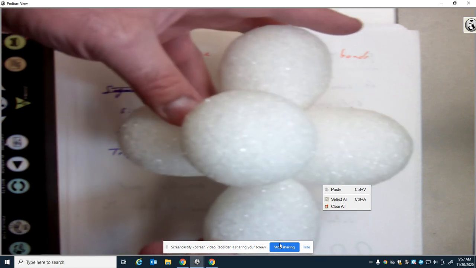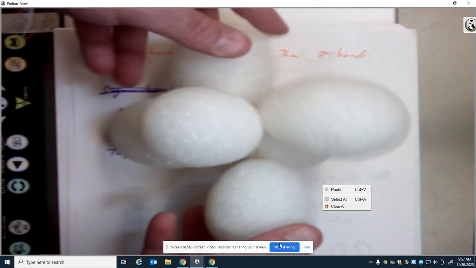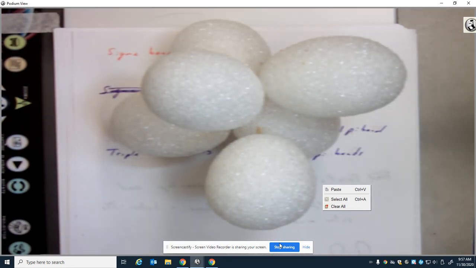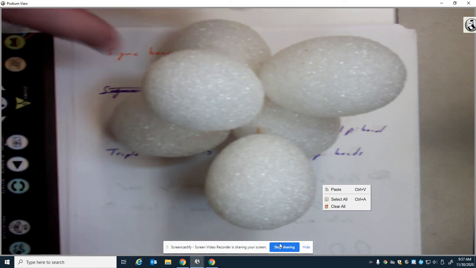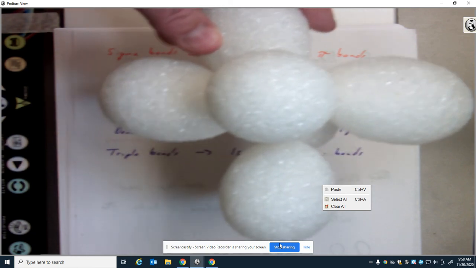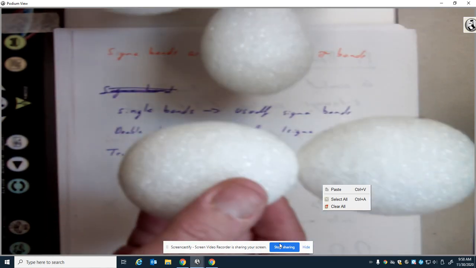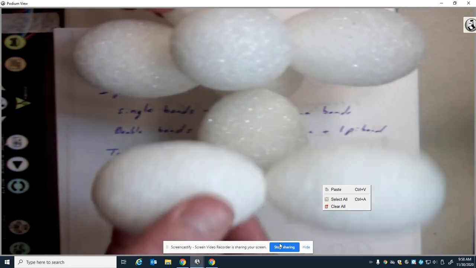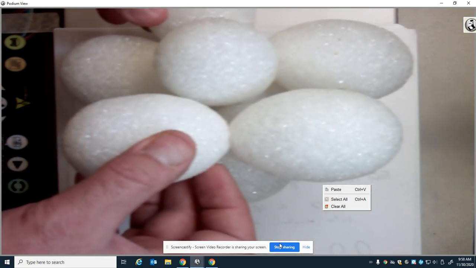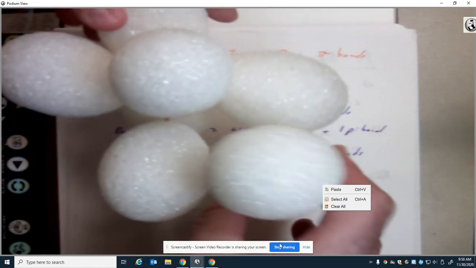All right, now, in a triple bond, 2 of the p orbitals overlap with another one. So you got to think about it this way. Remember, for a pi bond to form, we have to have p orbitals that overlap that are parallel. So if this is another p orbital coming in, it's got to be parallel. So we could have one here, overlap with this one, and we can have one overlap here and here.